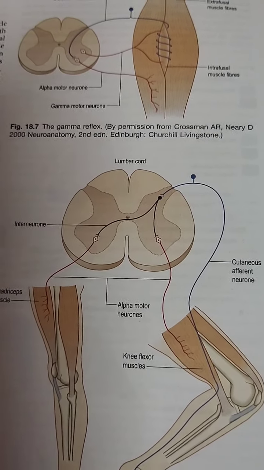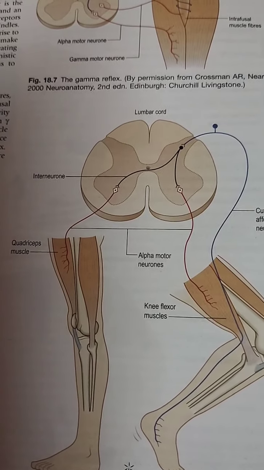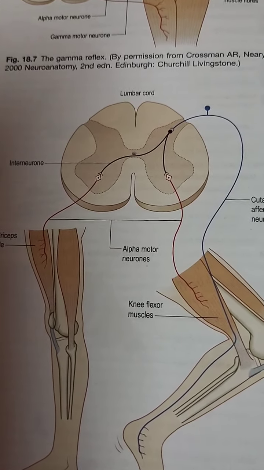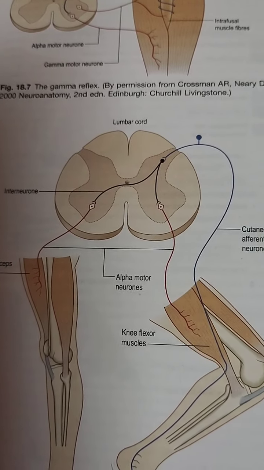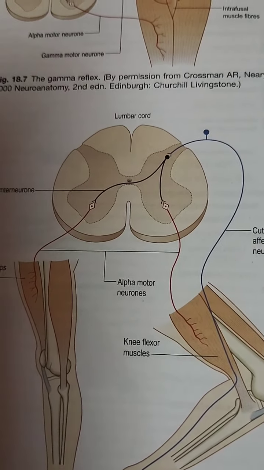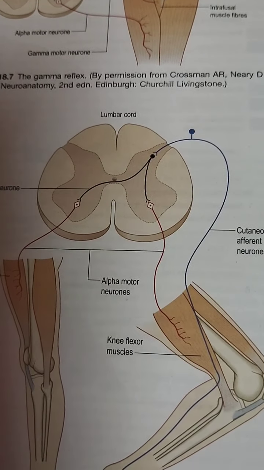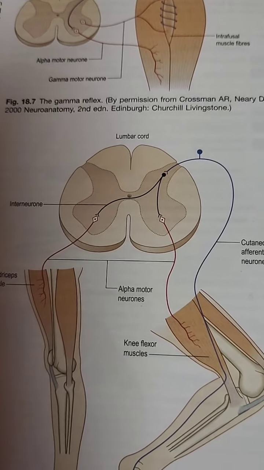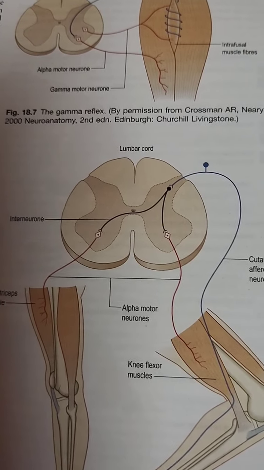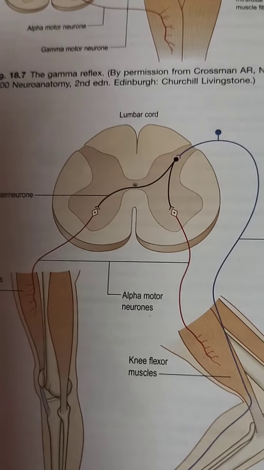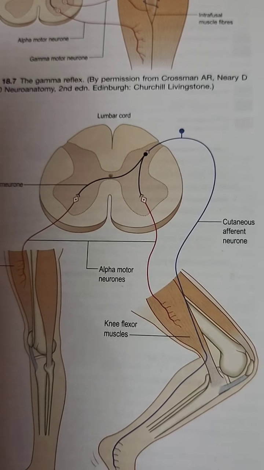And also from the muscles, tendon reflexes, which help in maintaining the muscle tone. And they are also influenced by the higher centers like cerebral cortex, corpus striatum, the cerebellum, or the vestibular nuclei.